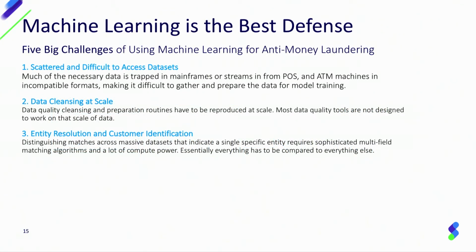And the third one, and this one is probably the most critical for this particular use case, because it's also one of the very difficult tasks to perform in a distributed compute environment: entity resolution and customer identification. What is entity resolution?